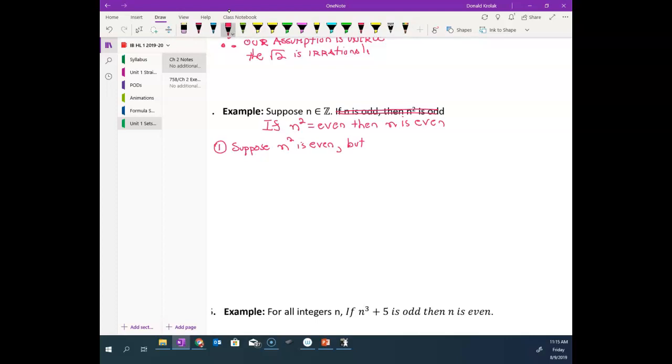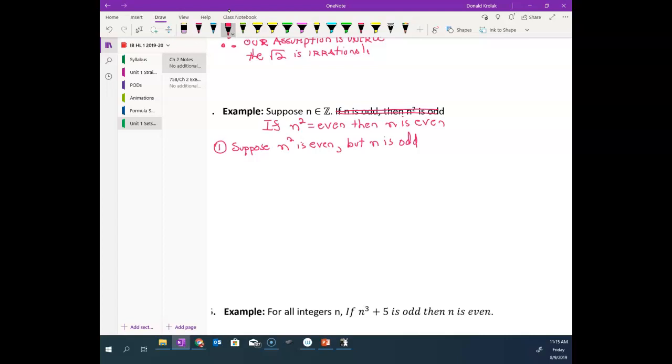What happens when we do that? Okay, that's our, we state the reverse of what we're trying to prove.